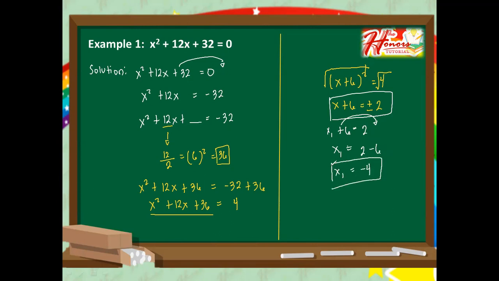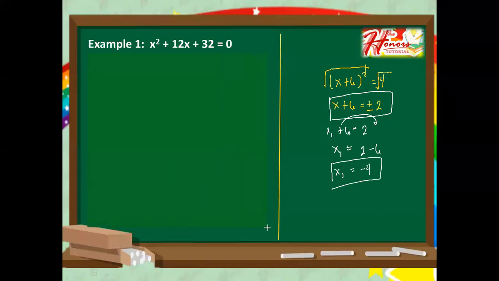How about x sub 2? I'll just erase some part here at the left side of our solution so that we may continue solving for x sub 2. And then for x sub 2, we have here x plus 6 equals negative 2, since we are done having positive 2.